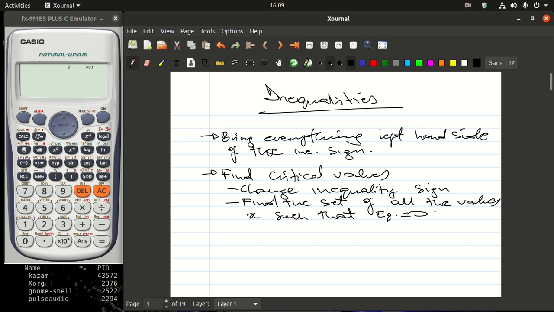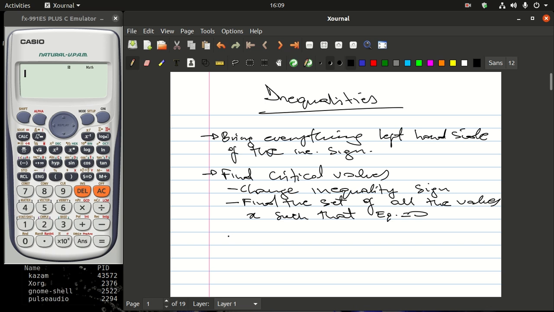What we mean is that after you've changed the inequality sign to an equality sign, you are solving for x, or if there is a denominator, you're looking for the values of x that make the numerator equal to 0.